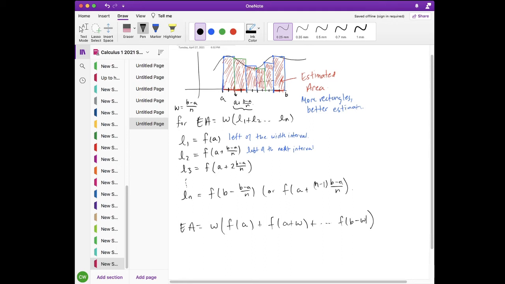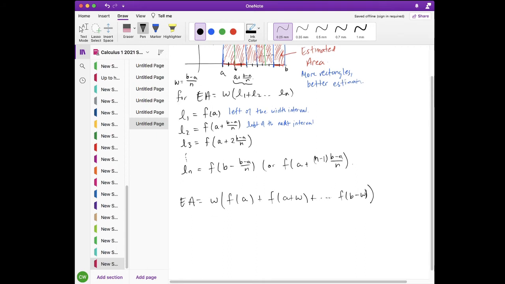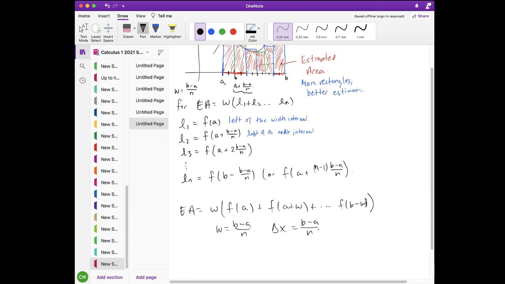So that's the formula for the estimated area, where w is equal to b minus a over n. Later, we're going to call w delta x. But for now, that doesn't really mean anything.